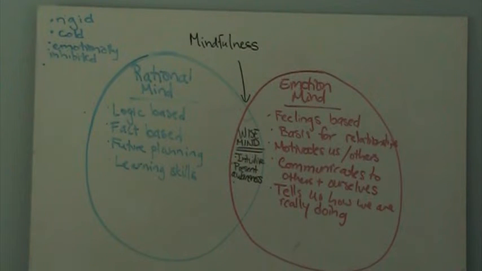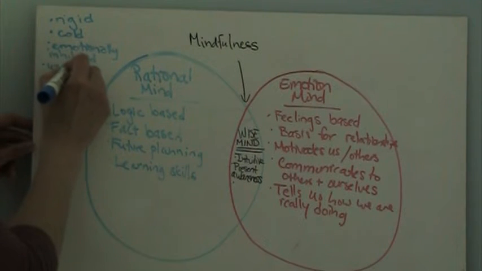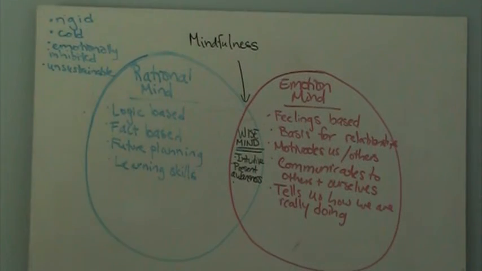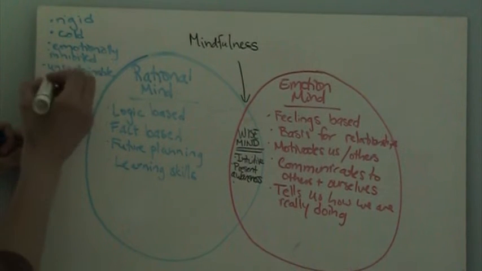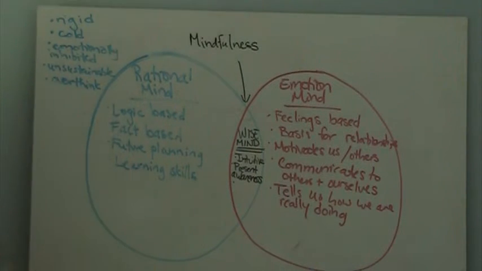This tends to be self-limiting, it tends to be unsustainable, because it takes a whole heck of a lot of effort to continually emotionally inhibit, and eventually that will fail. Another thing is when we're only using rational mind, we tend to overthink. That's a big one.